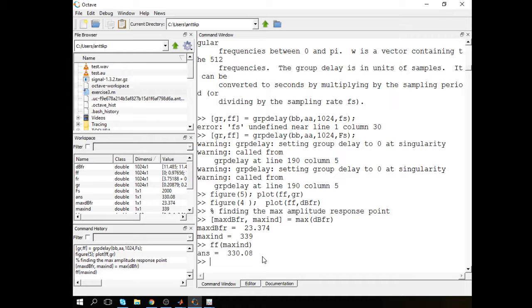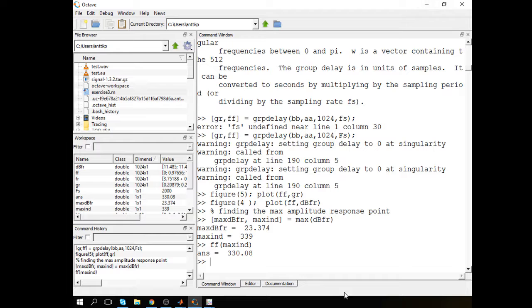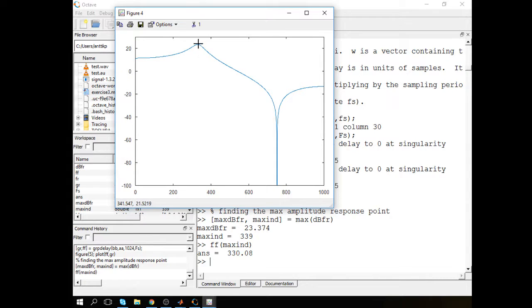Okay, and let's see. Another thing, on the exercise, you need to scale the system so it has a unity gain at passband, meaning basically that you take this picture and make it so that that point is actually 0 dB.